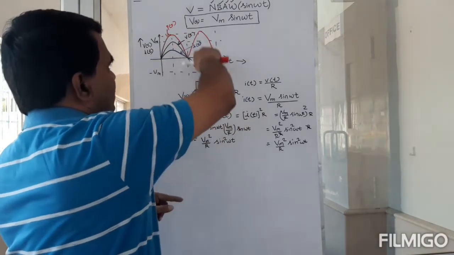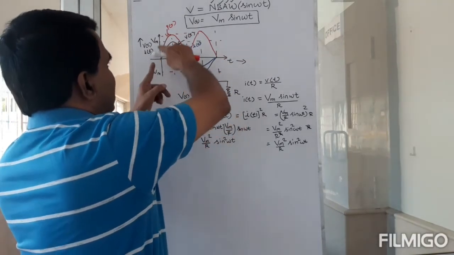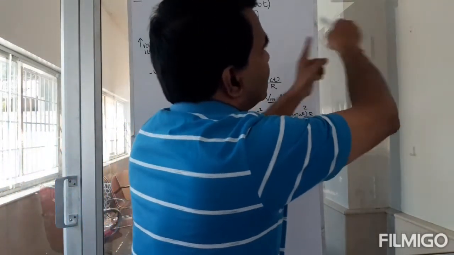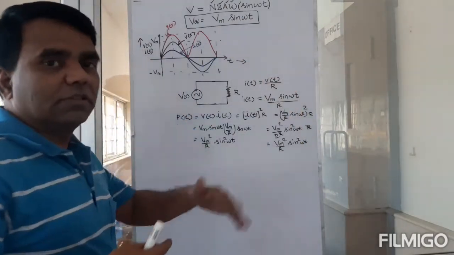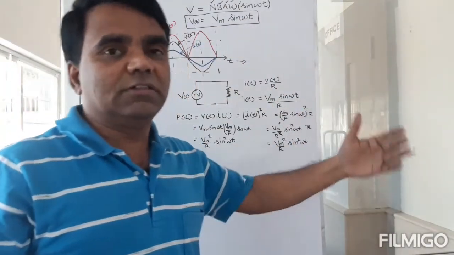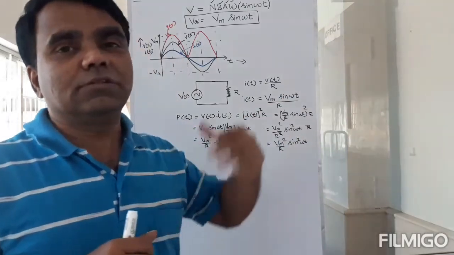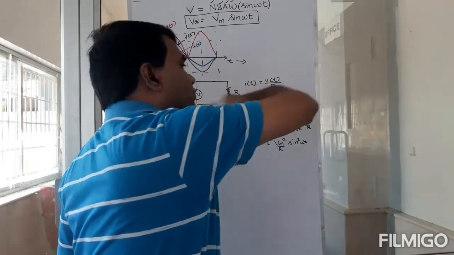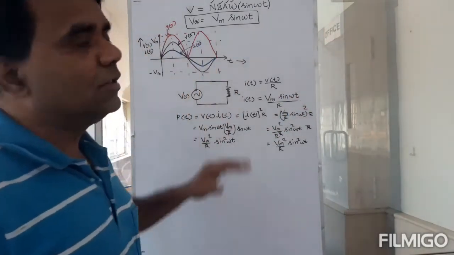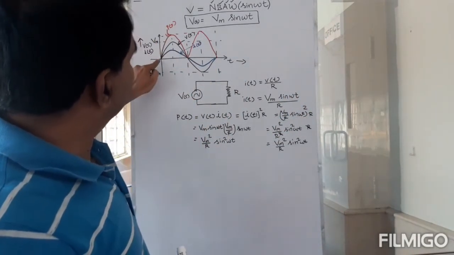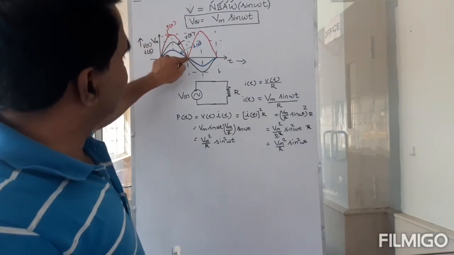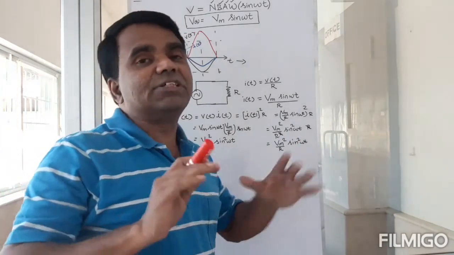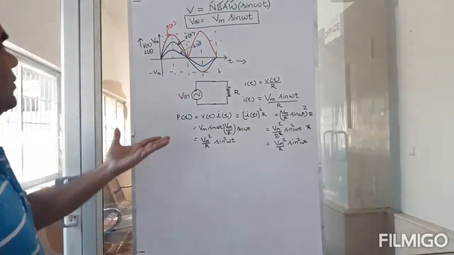So if you find it for one cycle, and if you find it for half cycle, it's the same for full cycle and all the other cycles. It will be half, full, one and a half, and 2 cycles, and it will go on like this. So it will be a continuous straight line, even if it goes for 1,000 cycles. Okay, because the value I calculate for this period will be the same as the value I calculate for this period. I am talking about the average power. Okay.